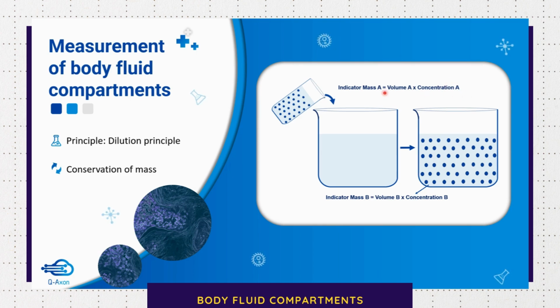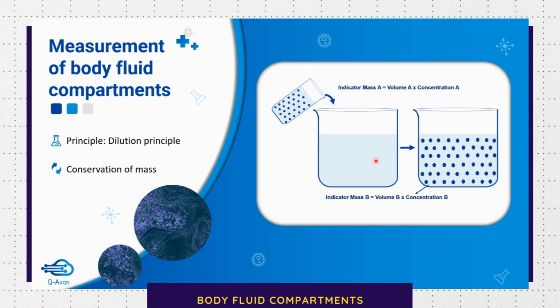All these three values we already know, because we have given a particular mass into a particular volume, and this concentration we can determine. We can take a sample of this, use it in the lab and determine the concentration. Now we add this into another volume which we have to determine. We don't know this volume.